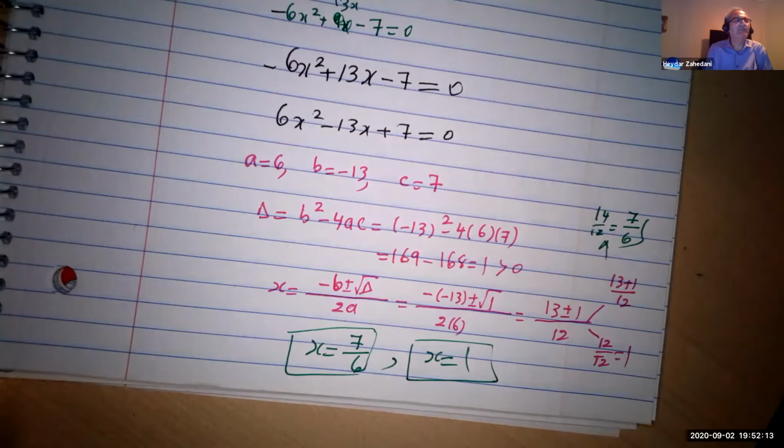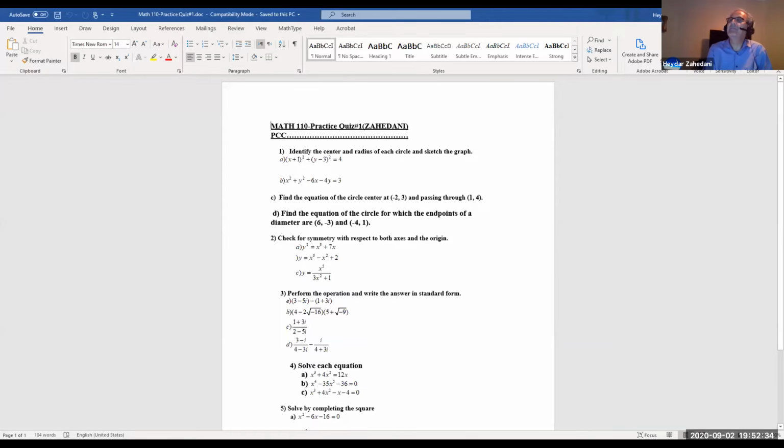And then you have take-home quiz number 1, which is yours. So let me bring it up and show you. Then I go over it. Okay, so this is what I'm going to do for you. Okay, can you see it?